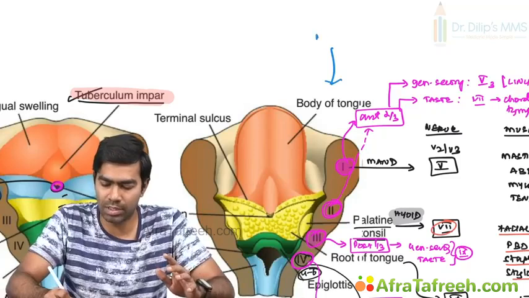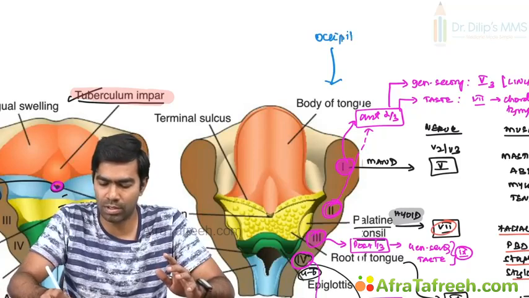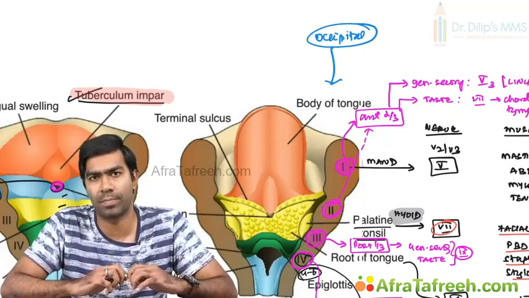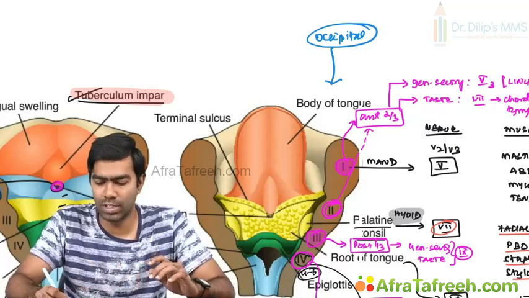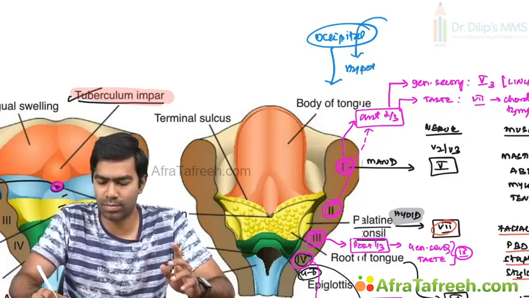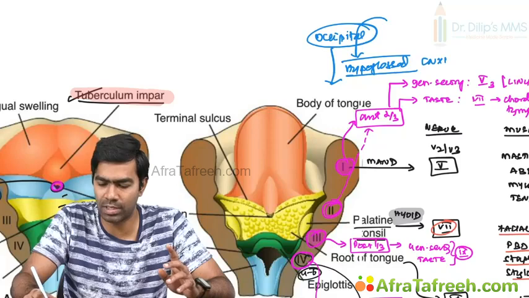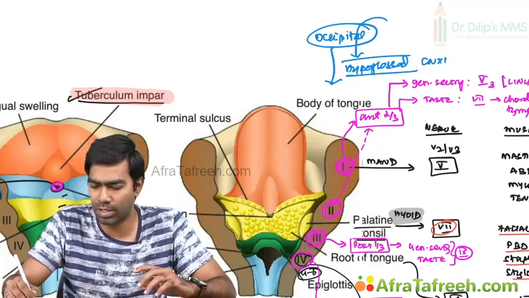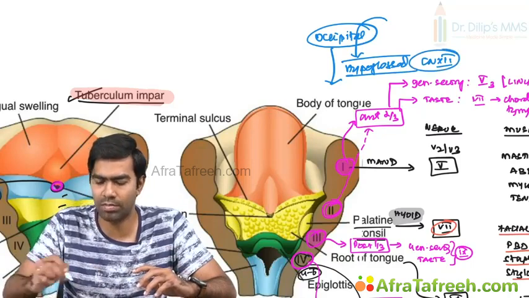The tongue muscles are actually coming from the occipital myotomes. Clear? Since they come from the occipital myotomes, they carry the hypoglossal nerve along with them. That is why tongue muscles are supplied predominantly by cranial nerve 12, the hypoglossal nerve. Very, very important.